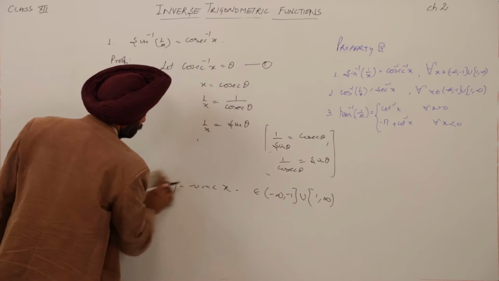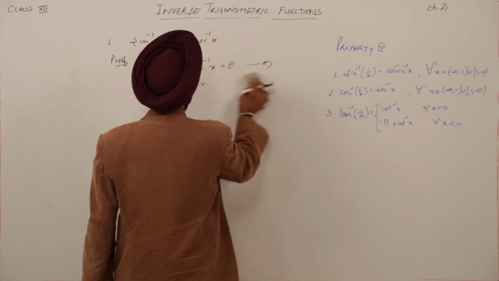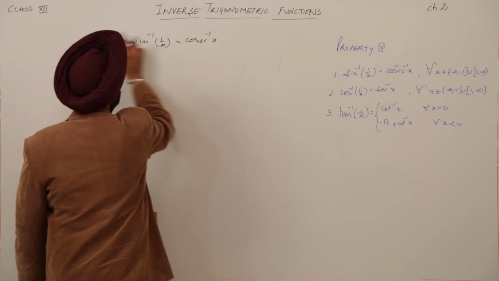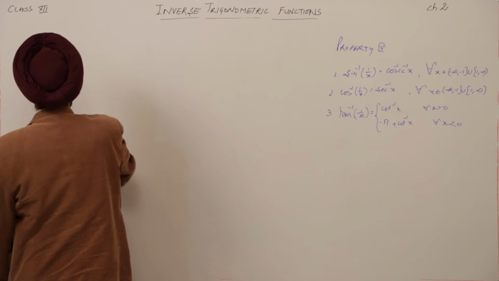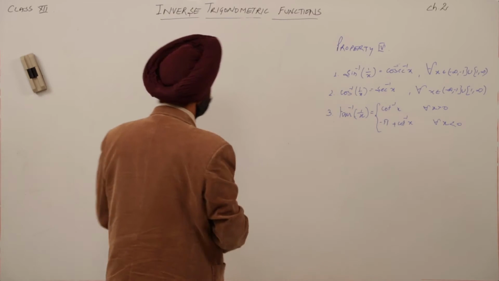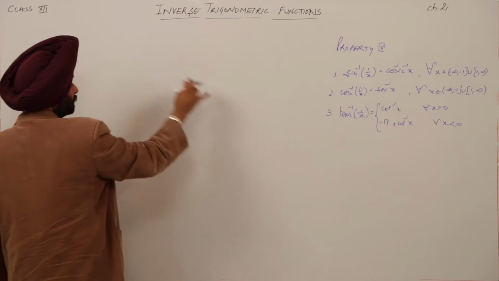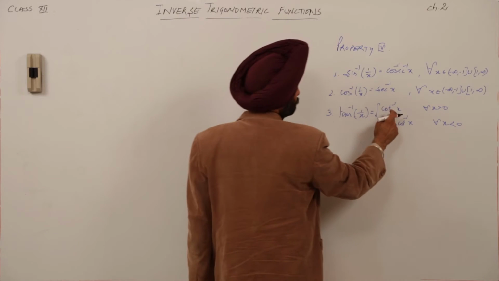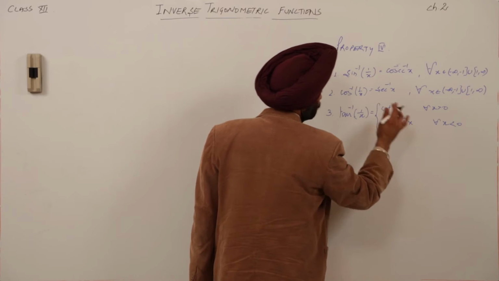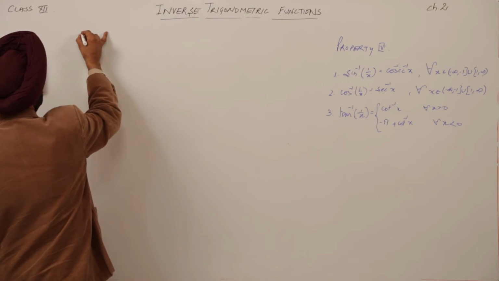When two cases arise, what are we going to do for this property? Normally, wherever it is written sin inverse 1 by x, you write cosecant inverse x. Now, for the third property, we have tan inverse 1 by x is equal to cot inverse x, and minus pi plus cot inverse x. Now, let us suppose it is the third part.